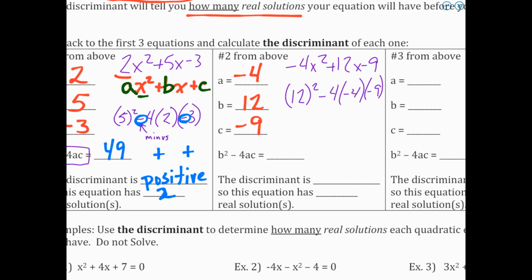I already told you when you square something, you always get what kind of a number? Positive. And if I've got 3 negatives over here, I'm going to get a negative number. So I actually do need to know this number because I need to know, am I going to end up with a negative? Is it still going to be positive? Is it going to be 0? It's going to be 0.